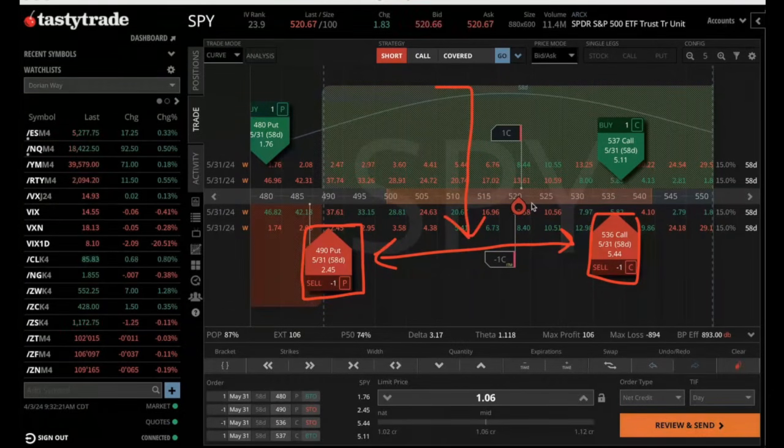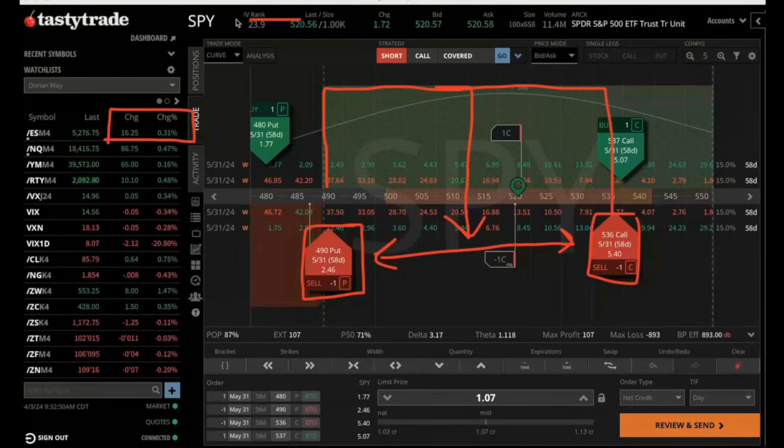If it goes up too much, you're still going to win, but you're not going to make as much as you can if it stayed in this kind of neutral area of the trade. Okay, that neutral area of the trade. So you still want it to stay in between your short strikes, but you're not panicky if the market goes up a lot like it has for the last 5 months and now going back up today.